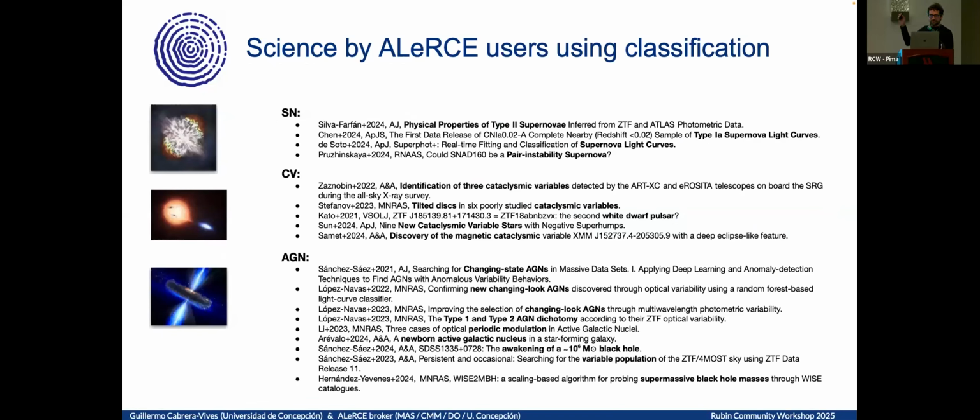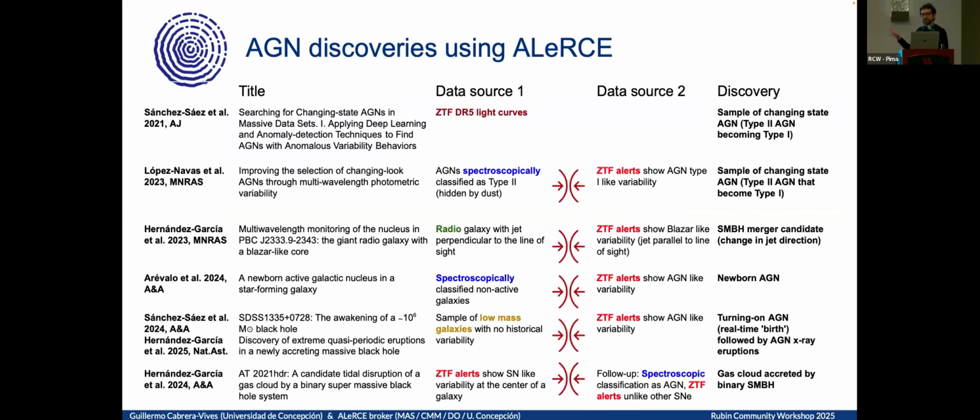Some examples, I don't have time to go over all of these. I have only 15 seconds left. But these are examples of things using our classifiers. From supernova, cataclysmic variables, AGNs, you can read them later. But basically, there is science being made by using Alerce. And this is like a spoiler for my talk on Thursday on anomaly detection with Alerce.